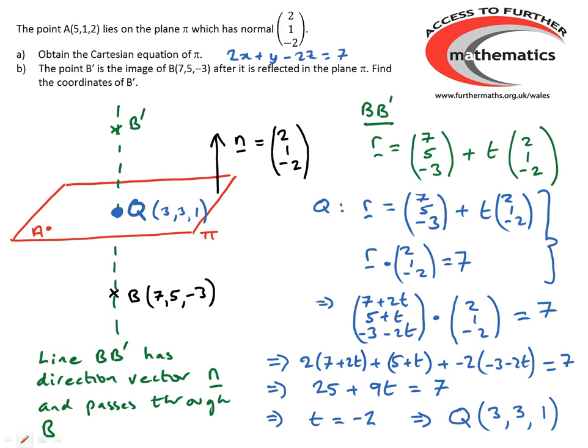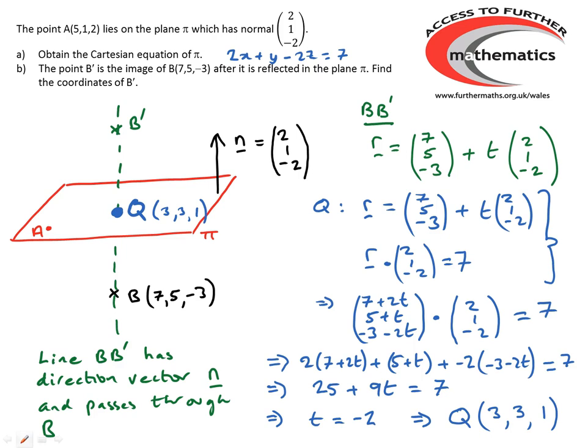And if we take t equals minus 2 and substitute that back into the line equation to find Q, then the x-coordinate of Q must be 7 plus 2 lots of t. So that's 7 plus 2 times minus 2, which is 3. 5 plus t is 5 plus minus 2, which is 3.